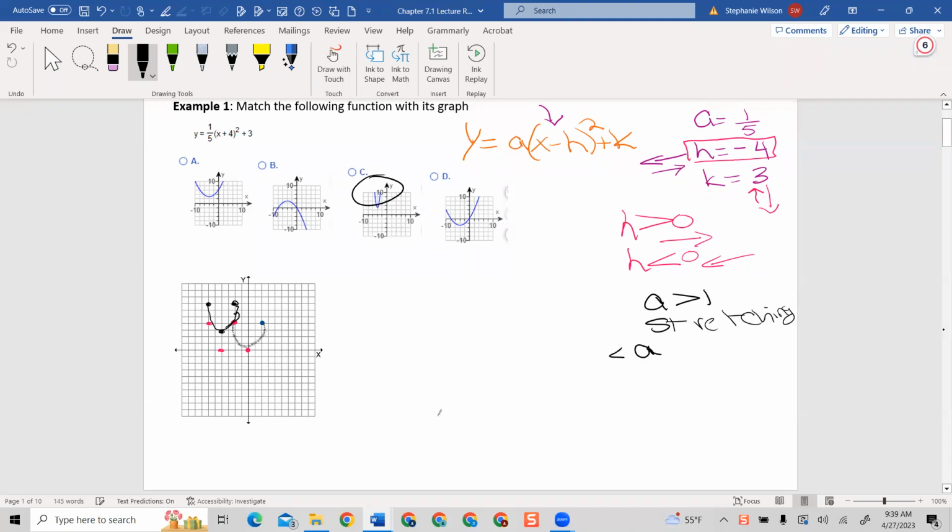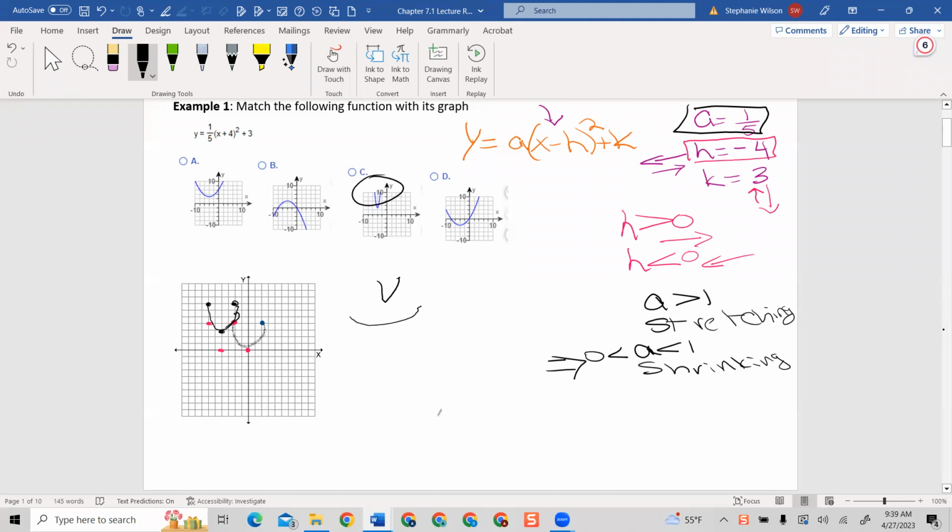If a falls between 0 and 1, then we have a shrinking going on. Well, look at what a is. A is 1/5, so it is less than 1. A is going to fall between 0 and 1, so we have shrinking going on. That means these arms are going to spread out, meaning that instead we're going to have more of a stretching.